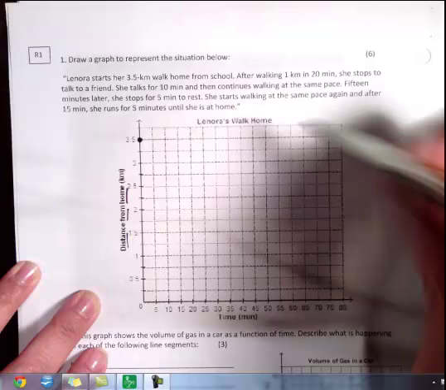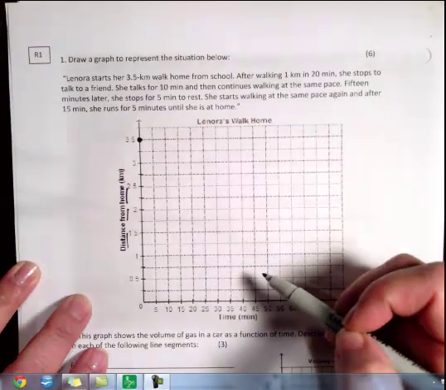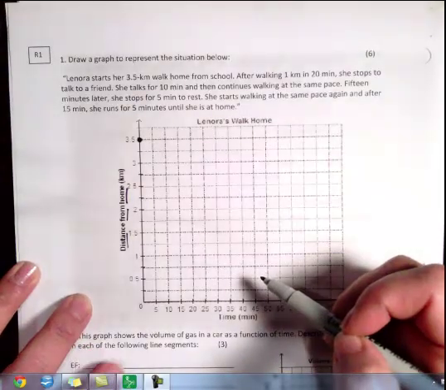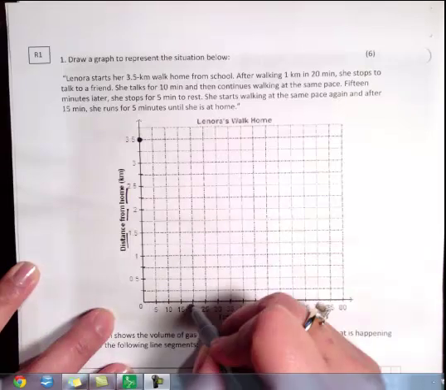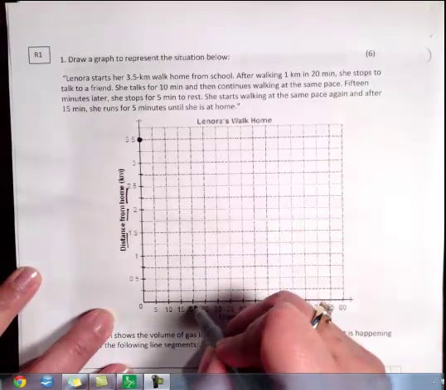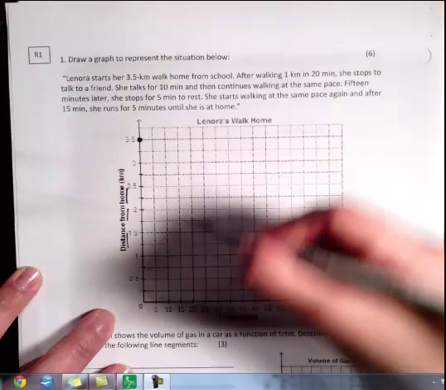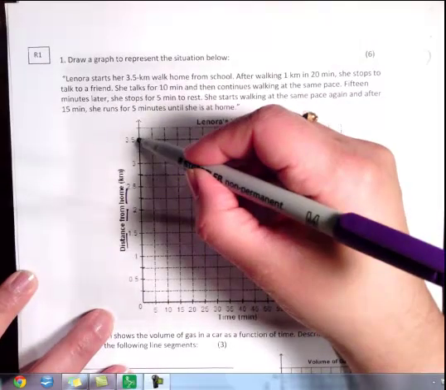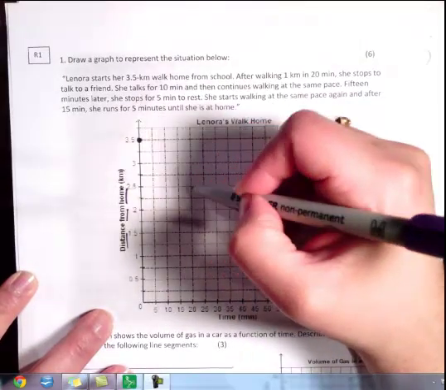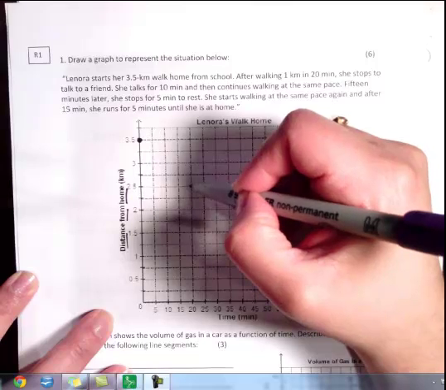Now, after walking 1 kilometer in 20 minutes, notice down here in the clock, this is where 20 minutes would be. So if she starts at 3.5 kilometers and goes 1 kilometer, then she ends up at 2.5 kilometers.